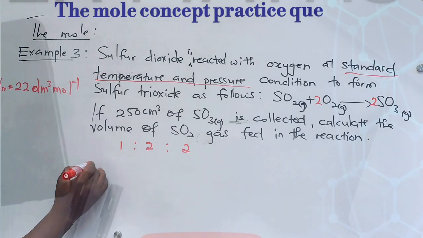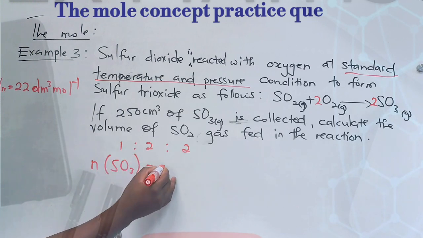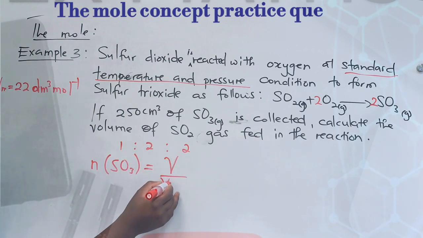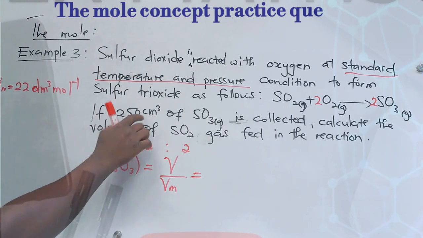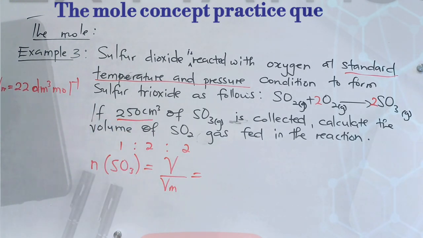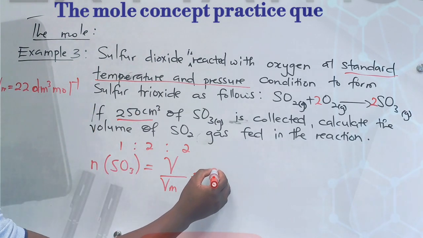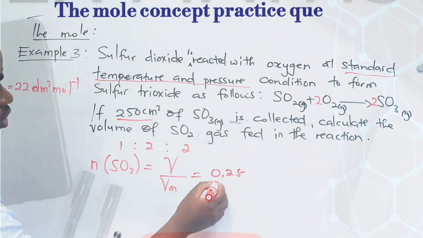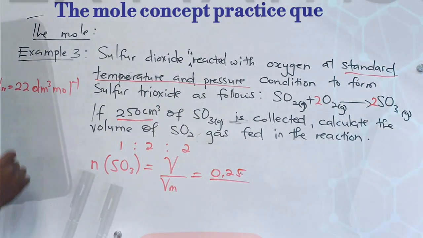Okay? So number of moles of sulfur trioxide is equal to volume over molar gas volume. Its volume is 250 cubic centimeters, so we convert this to cubic decimeters, it becomes 0.25. Then we divide it by molar gas volume.